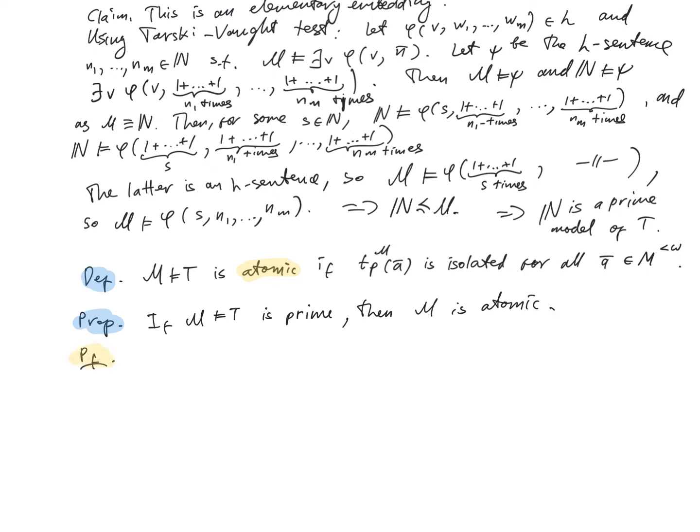Proof: let M, a model of T, be prime, and suppose that j from M to N is an elementary embedding.